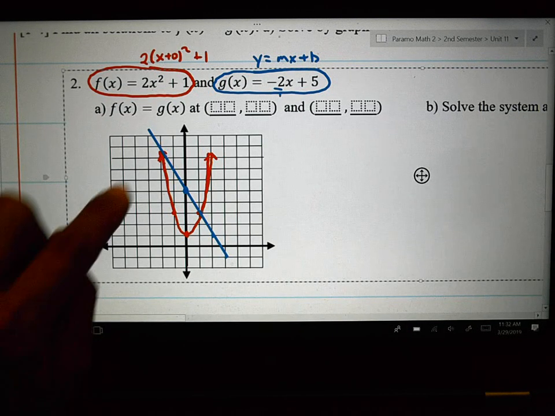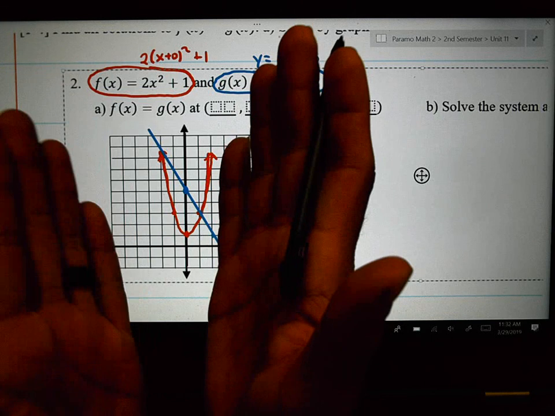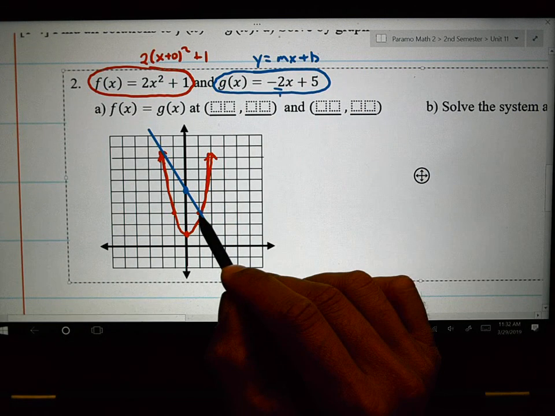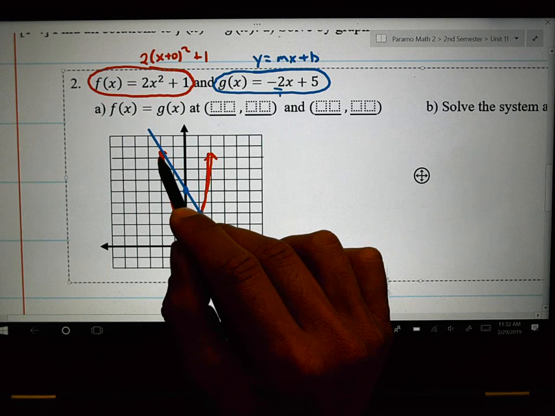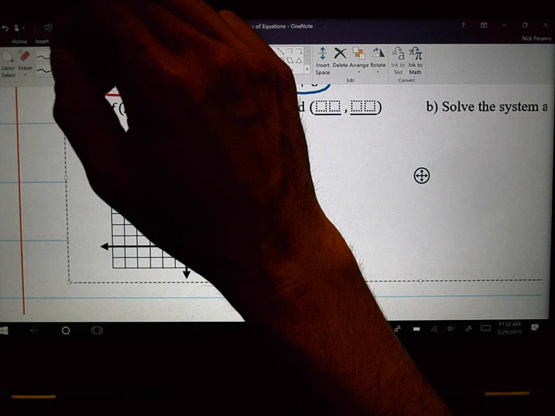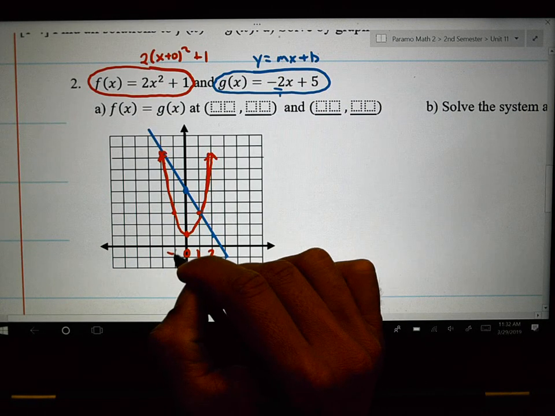And so the hard part about this parabola is that because I sketched it, I have to go, where do these two things cross? I could see it probably crosses right here, and it crosses maybe right there. So I kind of have a guess right now. I'm going to put some numbers here: 0, 1, 2, -1, -2.